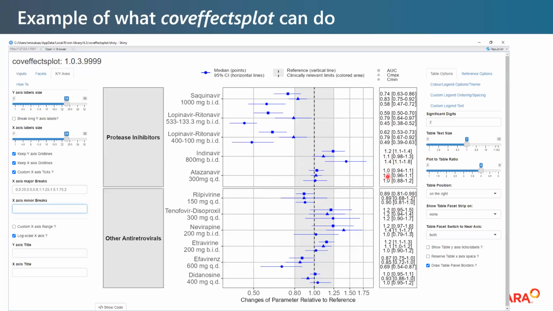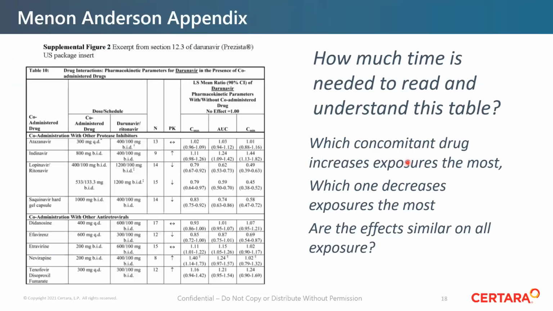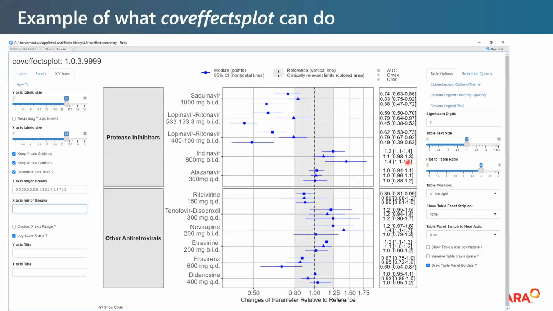I hope with this small demo exercise I convinced you that a forest plot facilitates interpretation of clinical data and accelerates generating insights. It is much quicker to look at a plot accompanied by numbers versus pure text without any visual.